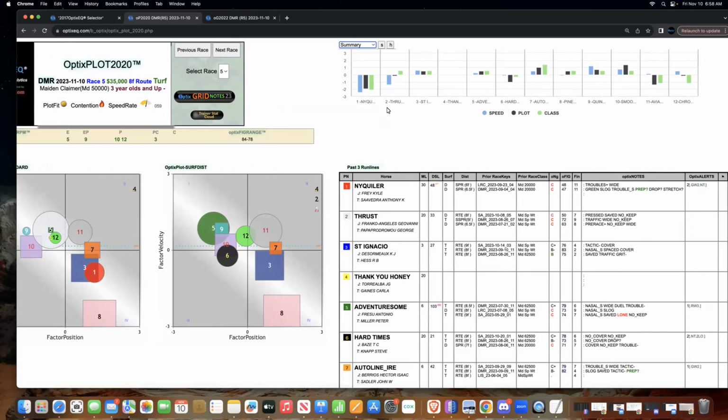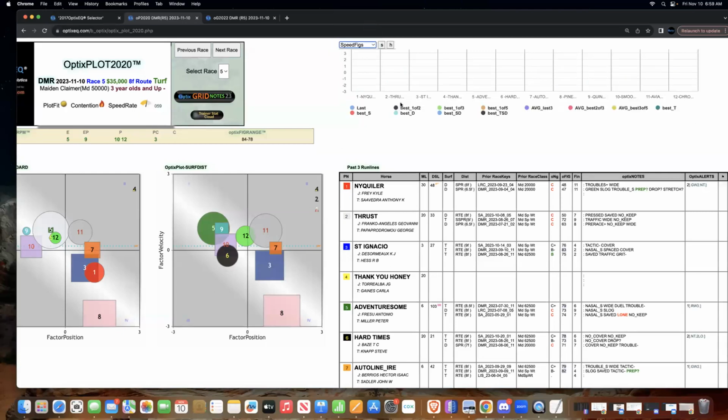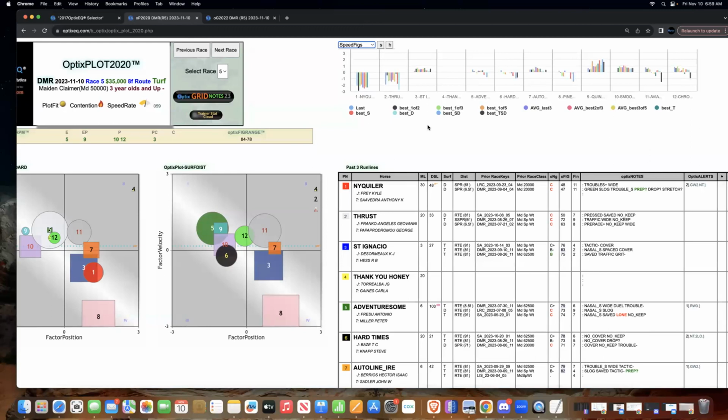It's very interesting. What we do is we take the aggregate for speed, plot, which is pace, and class, and basically come up with an overall or aggregate ranking. And if you go to speed, for instance, you see it's looking at speed in a number of different categories, like best for surface and distance.